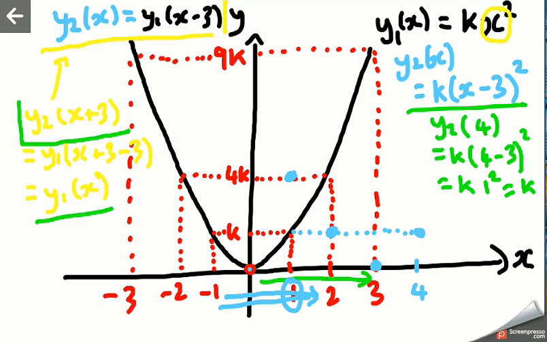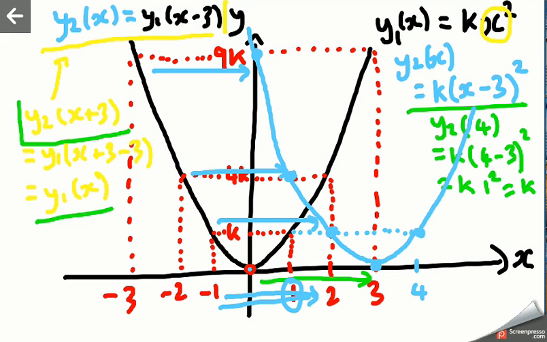So, hallelujah. We can plot the rest of the points. I'm not going to bother, mainly because I'm running out of room. And we will find that everything works out as we'd hoped. And our y2 parabola is the same as our y1 parabola, except shifted 3 units to the right everywhere.